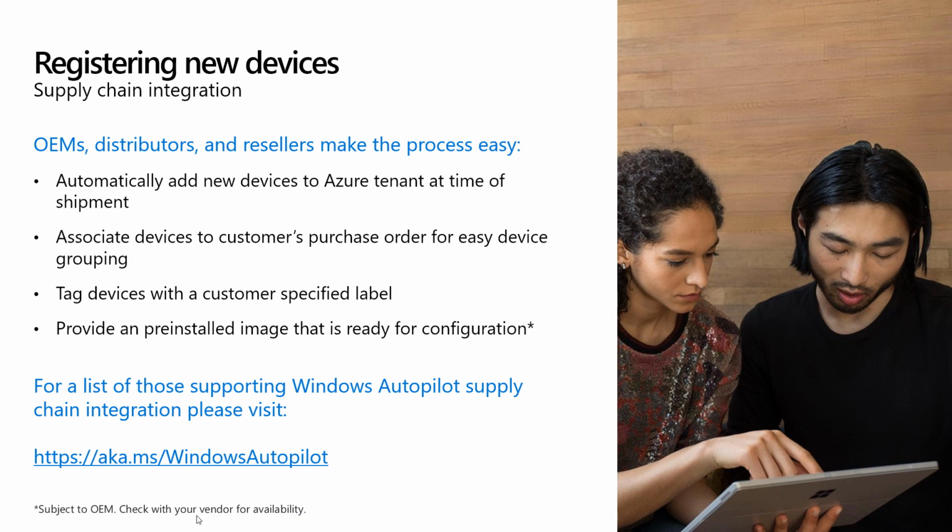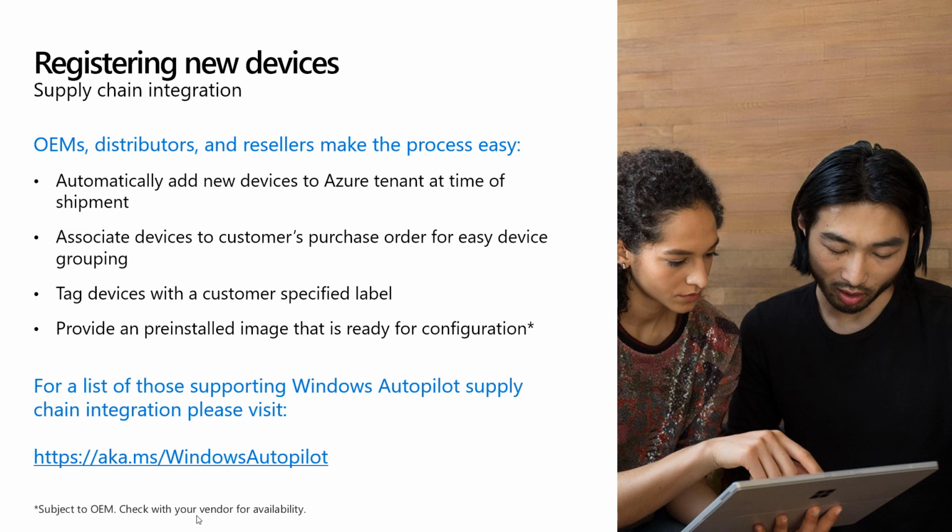They will automatically add new devices to your Azure tenant. These devices can be associated with a specific group, based on a device tag or based on a purchase order.